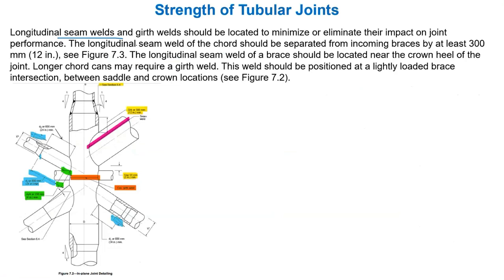Longitudinal seam welds and girth welds should be located to minimize or eliminate their impact on the joint performance.